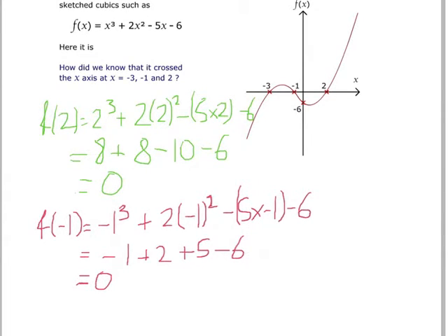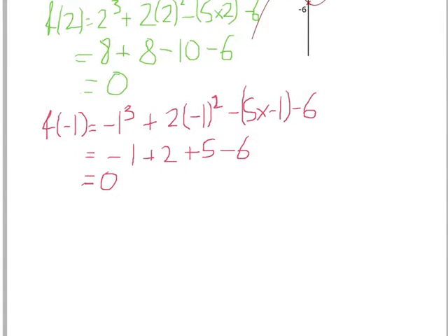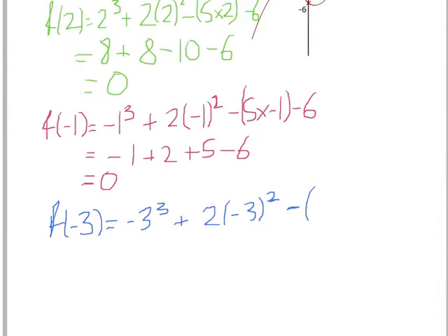And let's just hope that the final one, minus 3, also gives us 0. So minus 3 cubed plus 2 times minus 3 squared minus 5 times minus 3 minus 6.